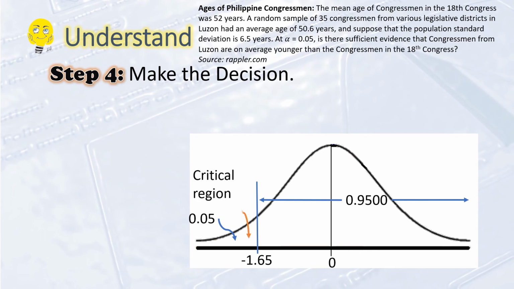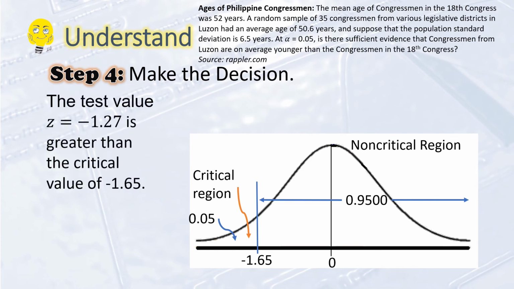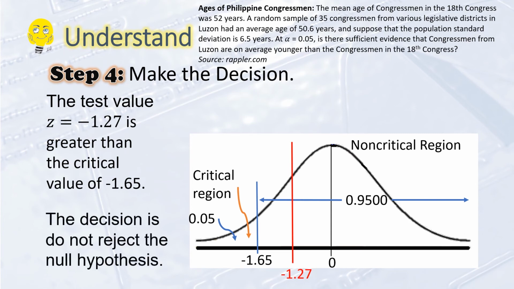The critical region is that area to the left of the critical value, and the non-critical region is the area to the right of the critical value for z. The test value z is equal to negative 1.27, which is greater than the critical value, so it falls in the non-critical region. Therefore, the decision is do not reject the null hypothesis.